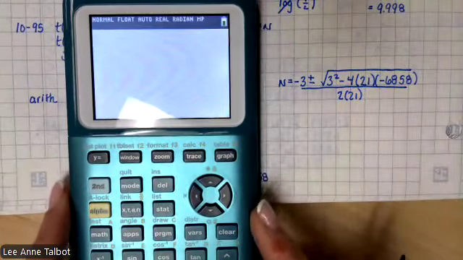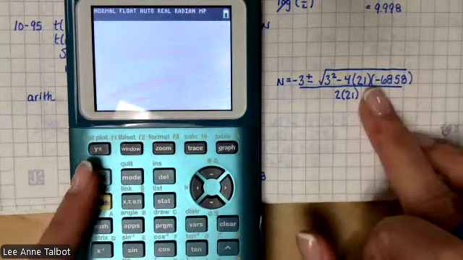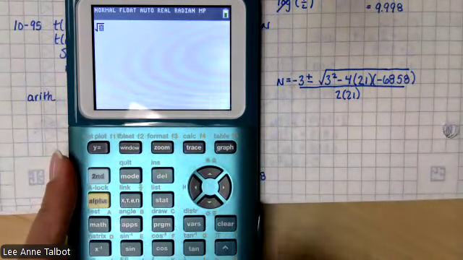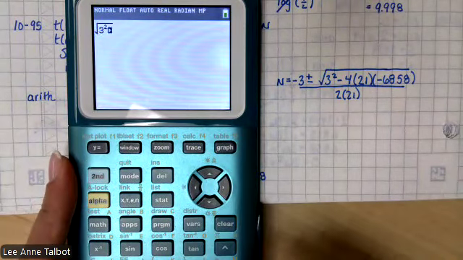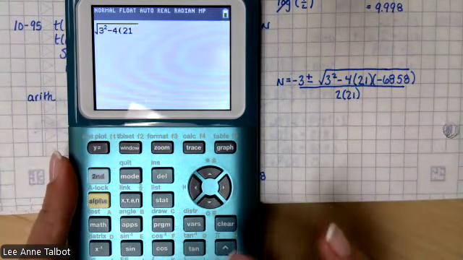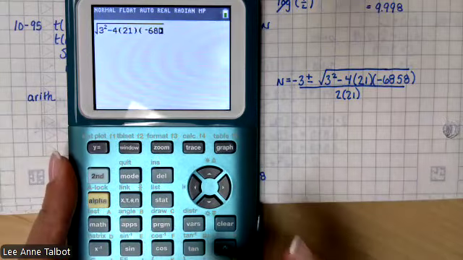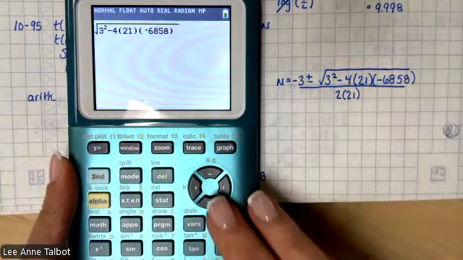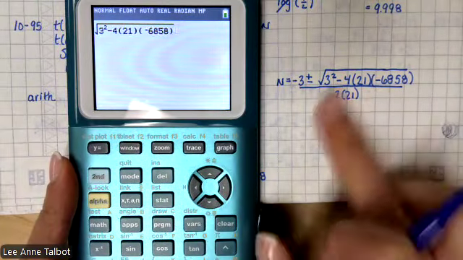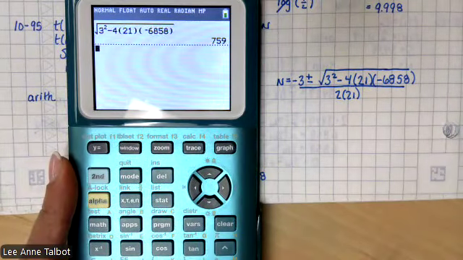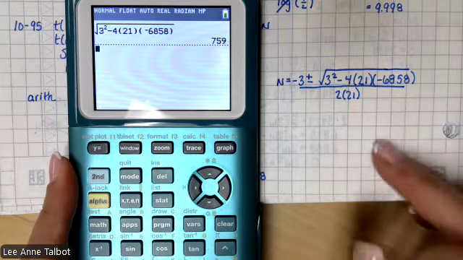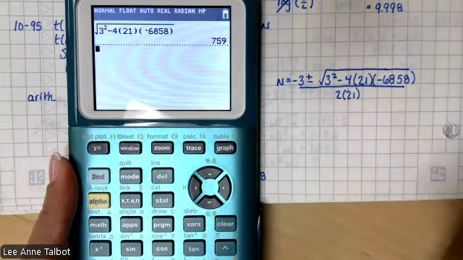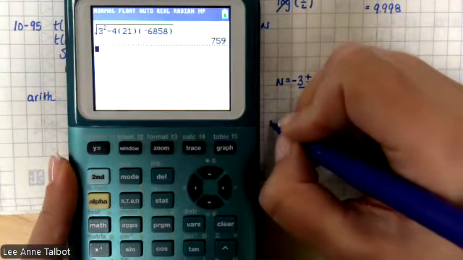Anyway, remember how I was talking about the moment of truth? When you type this in the top, this is your moment of truth. It should come out to be a positive whole number. If you did something wrong in the problem, then it won't be.